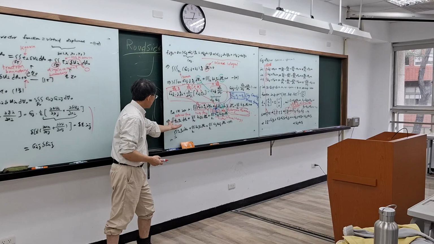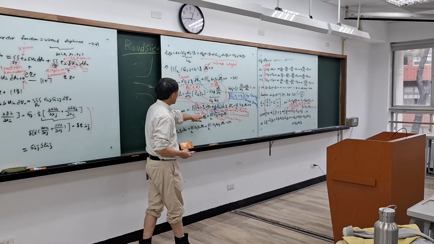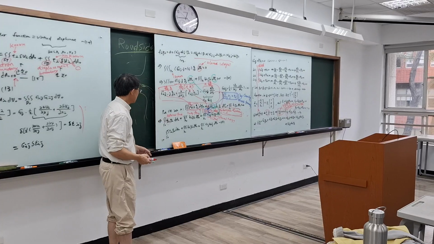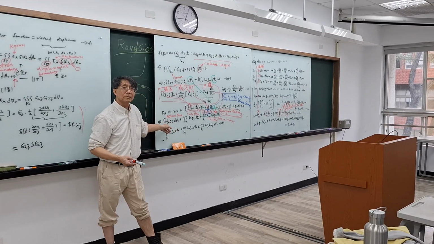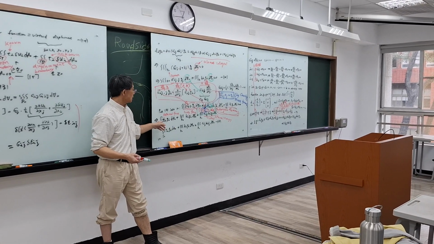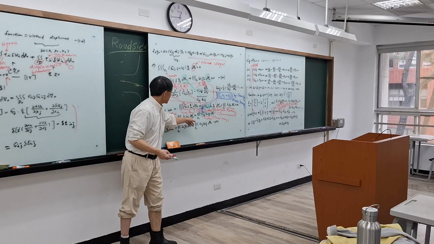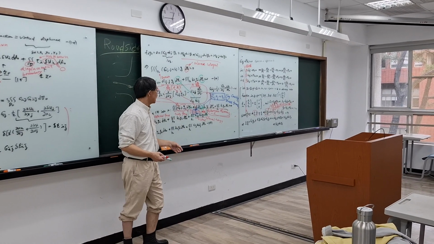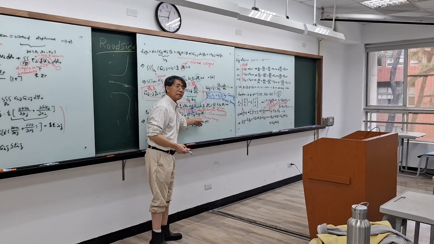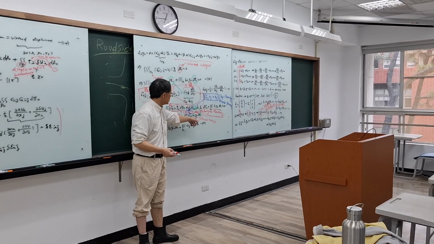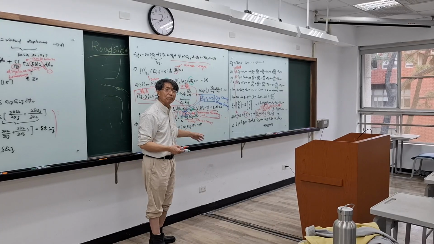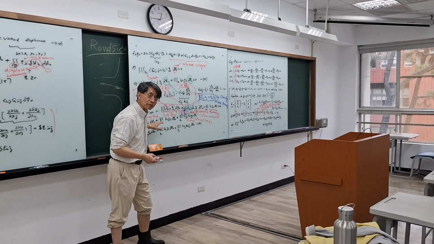Okay. Now with this integral at hand, we try to understand the physical meaning. This term is the virtual work done by the external force. This term is the virtual work done by the body force. And this term is the internal virtual energy created by this external force and body force.